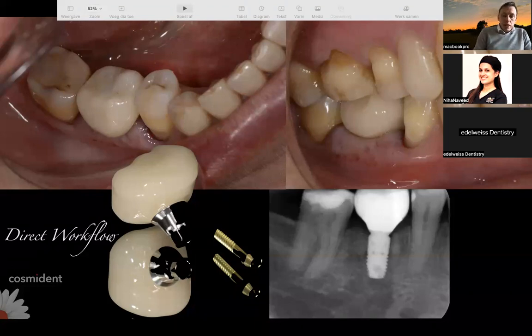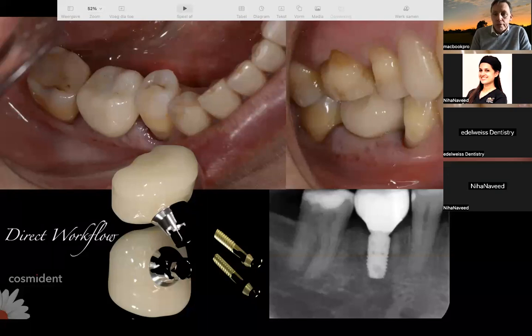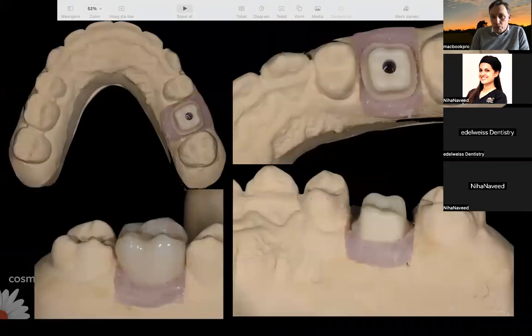That's the reason we came up with the idea to make something as good as zirconium, but not as hard, which allows immediate loading and has a hardness closer to a natural tooth. That's the block which we designed.